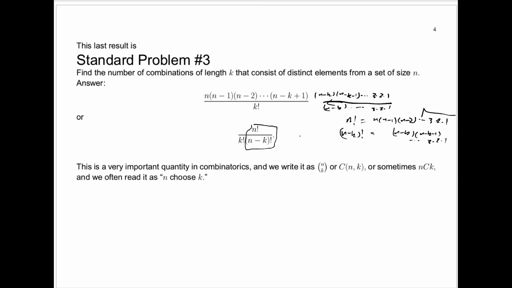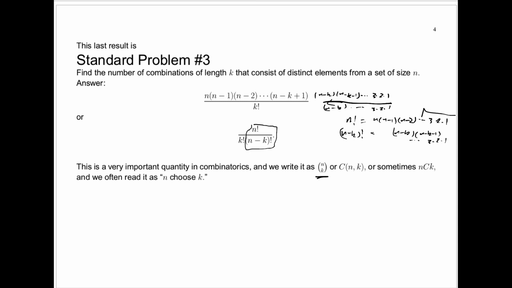This is such an important quantity that we have several different names for it in combinatorics. We can write it as n k like this with the parentheses. We can think of that as a binomial coefficient, n k, or we'll usually say it as n choose k. Sometimes we'll use the notation C n k for the combination number n k.